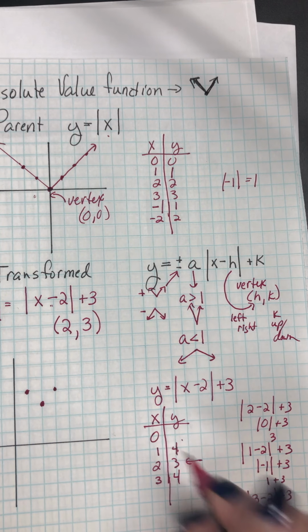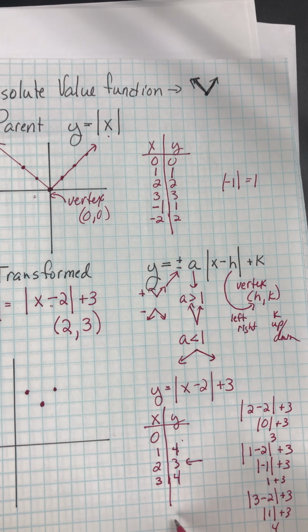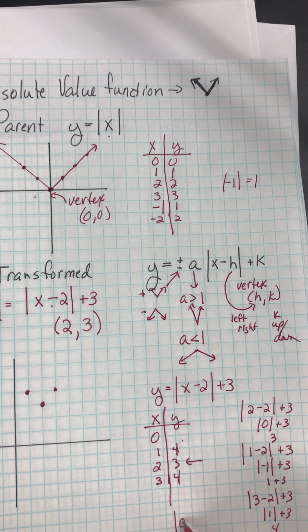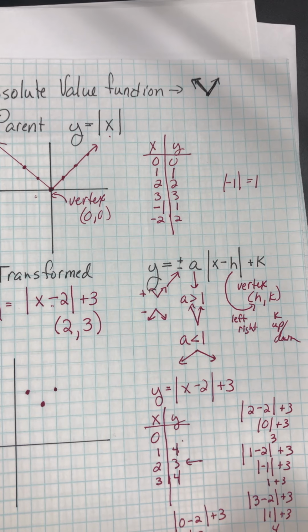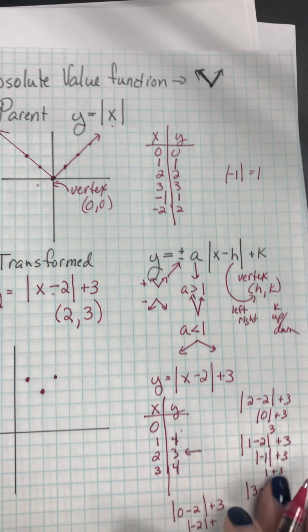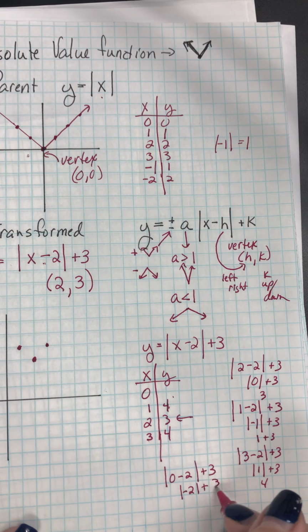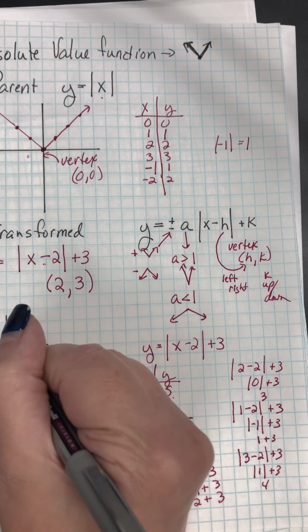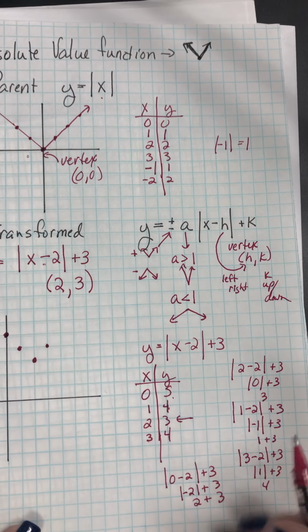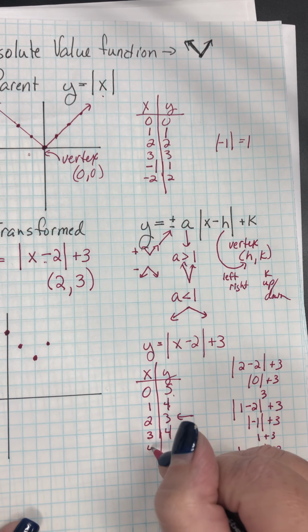So I'm going to try a 0. If I have the absolute value of 0 minus 2 plus 3, I have the absolute value of negative 2 plus 3, which is 2 plus 3, which is 5. Here, I'm going to try a 4.